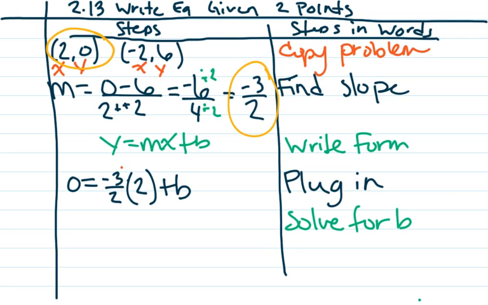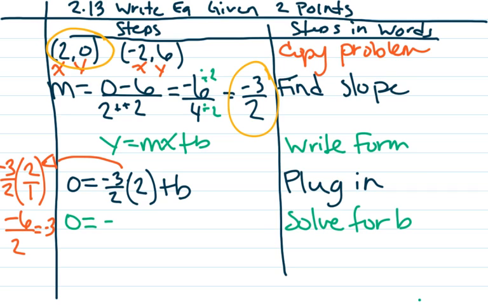Remember that we'll come out to the side here. Anytime we're working with fractions, we want to work in all fractions. So we have negative 3 halves times 2 over 1, which makes negative 6 over 2, which gives us negative 3. So we get 0 equals negative 3 plus b. And then we're going to add 3 to both sides.